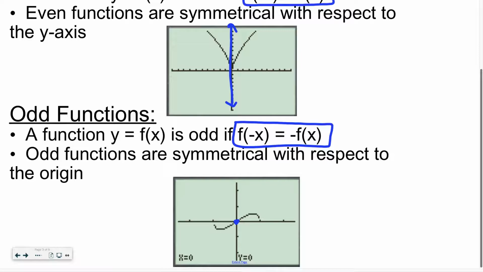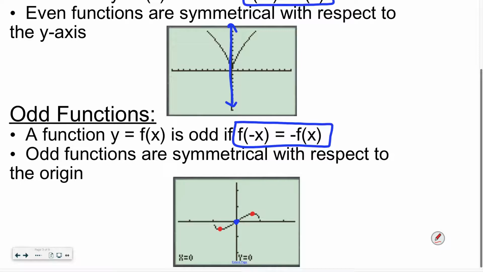Okay. So let's just think about this definition right here. The function value of negative x is opposite the function value of x. So f of negative x, like if I pick a value right here, has the opposite function value of x. So the x's are opposite, the y's are opposite.